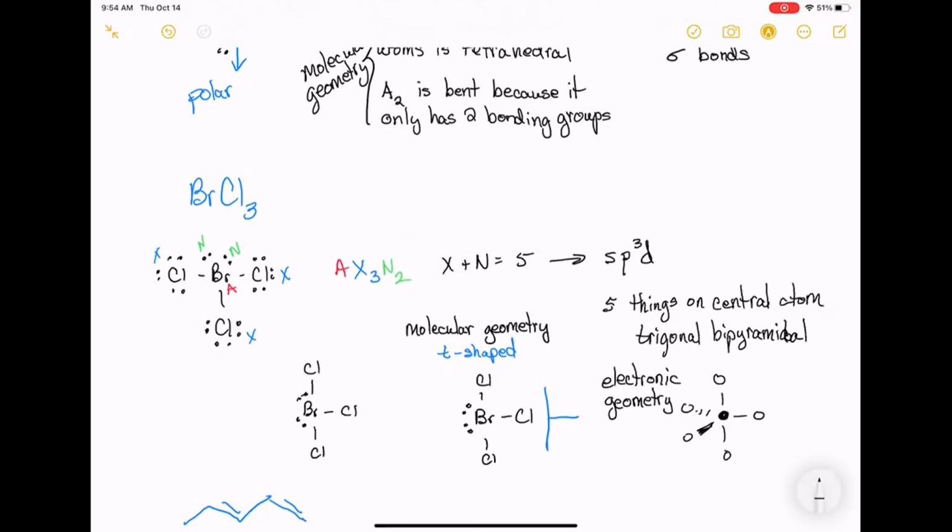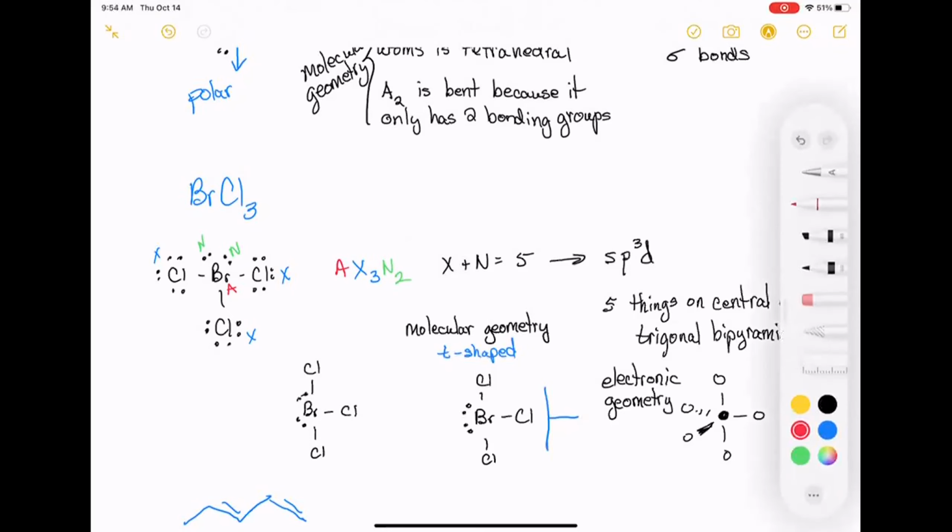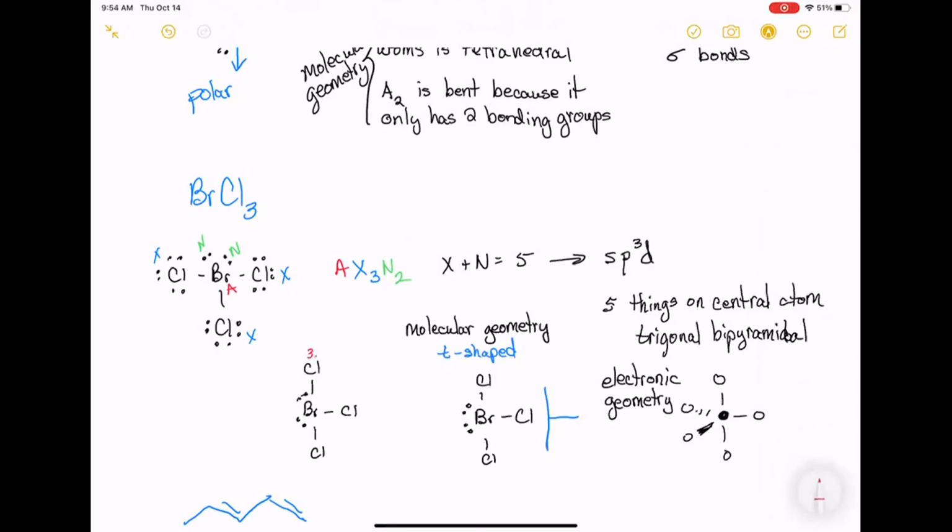If you were to look at this and figure out the electronegativities, chlorine is 3.0, and I believe bromine is 2.8.